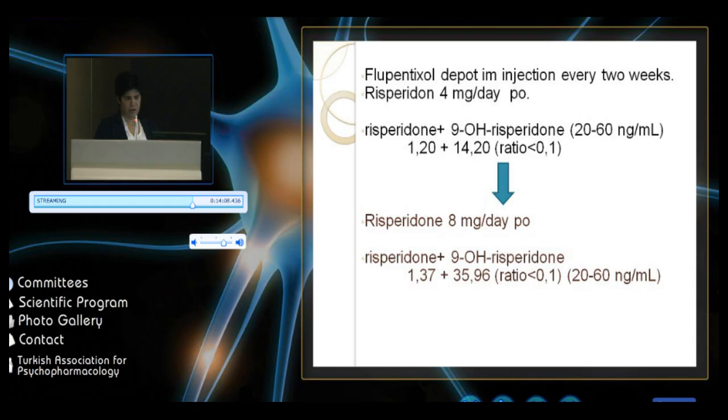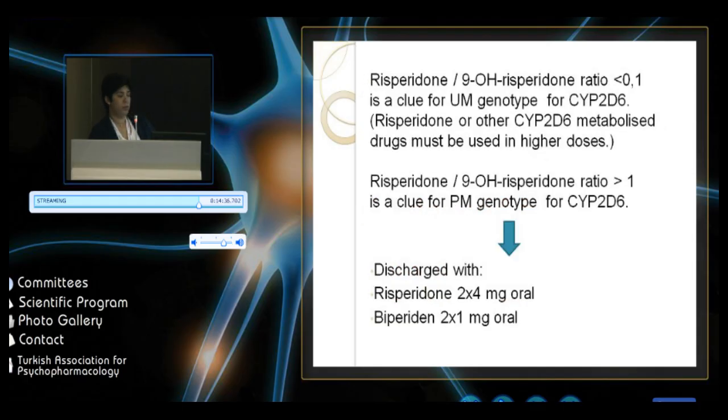But the plasma concentration levels were found to be very low for risperidone and 9-OH risperidone. In total, the combination should be between 20 to 60 mgs, but the total plasma concentration was low. We increased the dosage of risperidone, but it didn't change much.